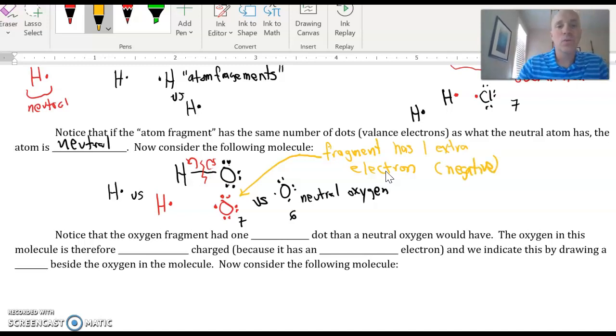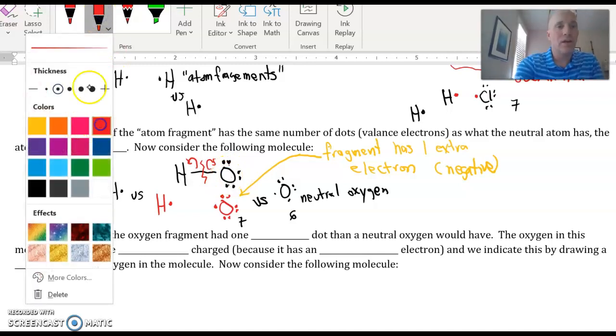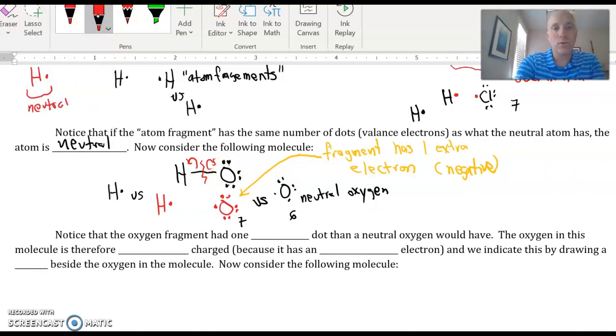So this oxygen, for which the fragment has an extra electron, would actually have a negative charge. And we're going to represent that with the little dot. So just to clean up the structure, the way that you would draw this molecule is you're going to put a little minus charge beside the atom that has that extra electron.